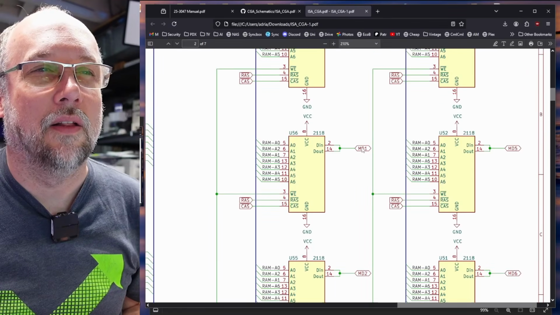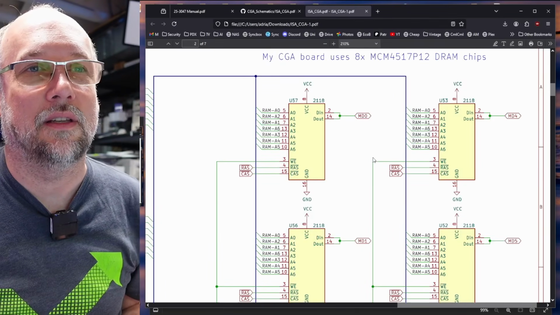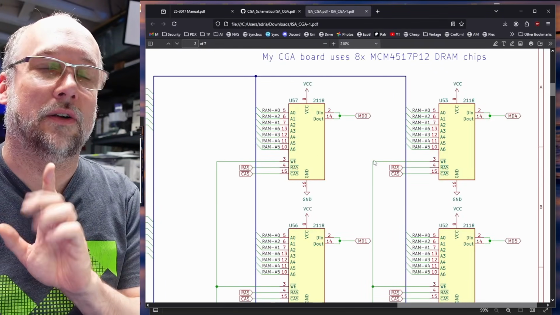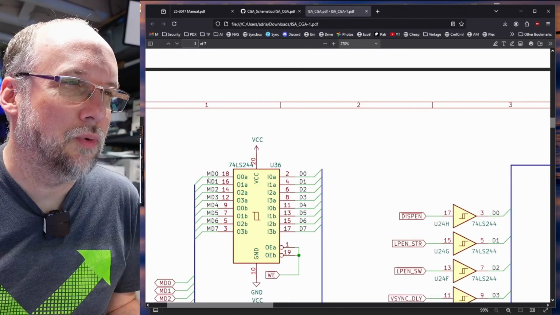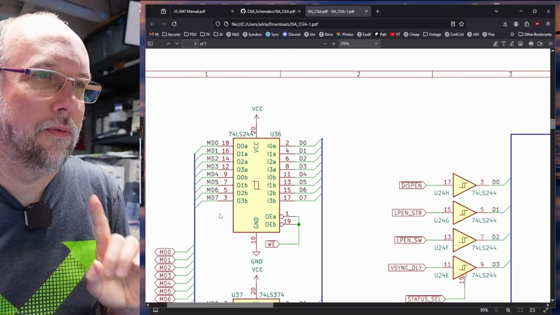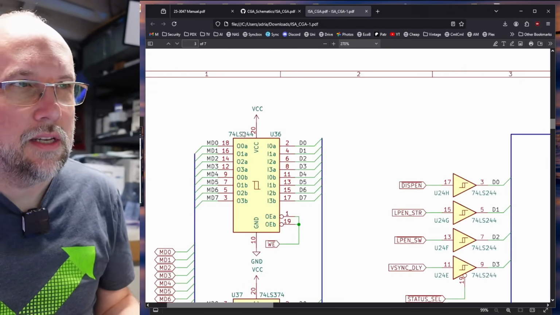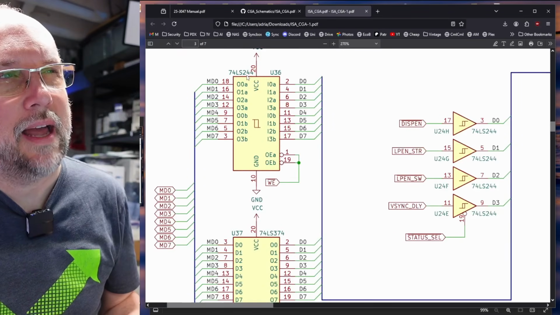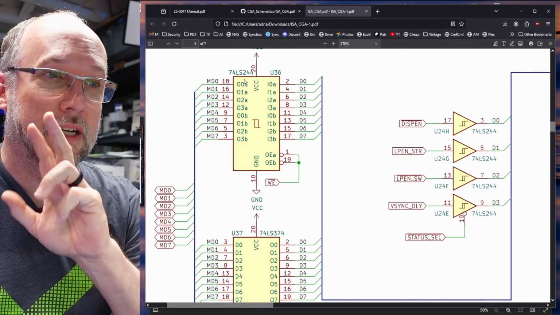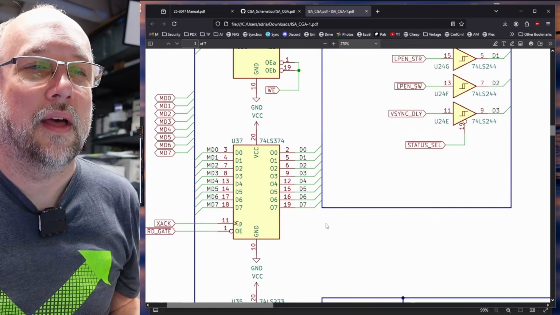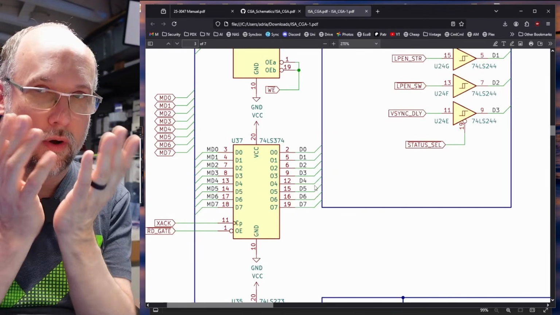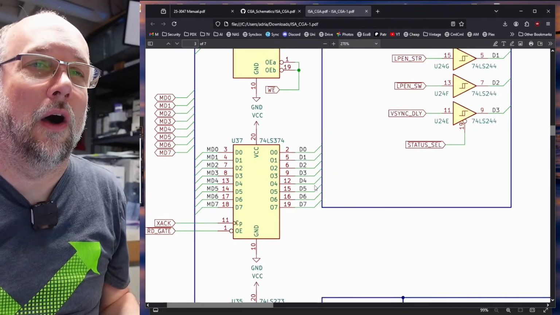But yeah, these MD lines or memory data bus lines, these are going to make their way somewhere in the schematics here to the rest of the display circuitry. So let's find that. So on this page, we have those data bus lines that come from the RAM chips, and they go through these sets of buffer chips here. There's a latch and a 244. And when you see a combination of a 374 latch and a 244, that sort of facilitates turning one set of RAM chips into that even and odd byte.